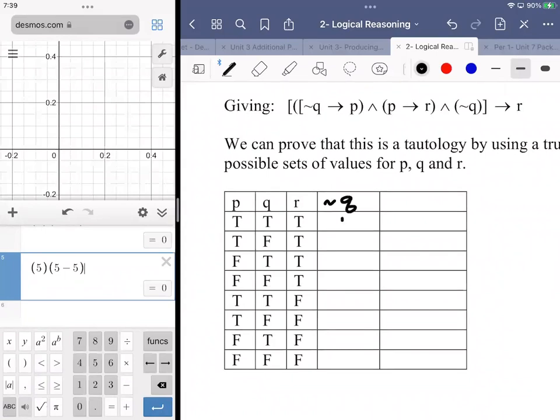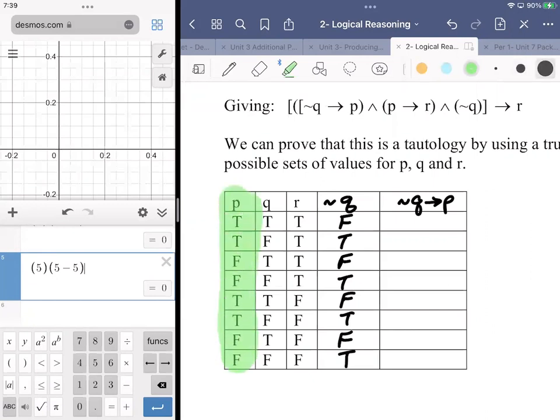Right, so false, true, false, true, false, true, false, true. Then I need the not Q implies P. And then I'll need like 7 more columns after this, but one thing at a time. Right, so not Q implies P. Let me just focus on the right columns here. Here's the P column. Here's the not Q column.